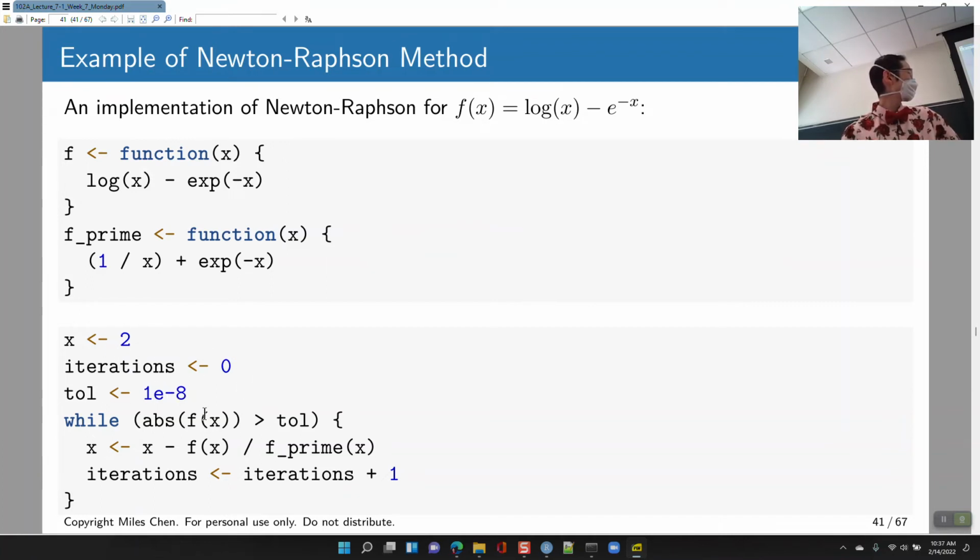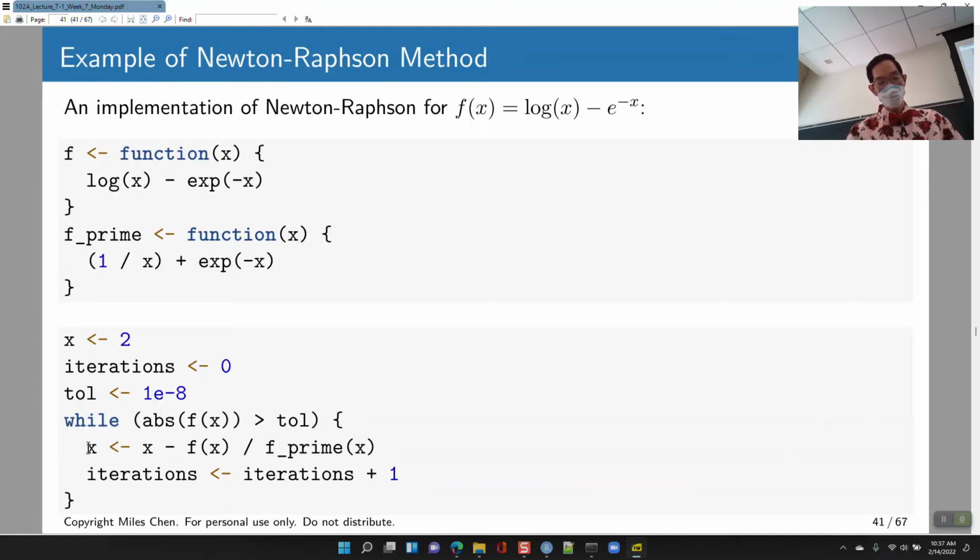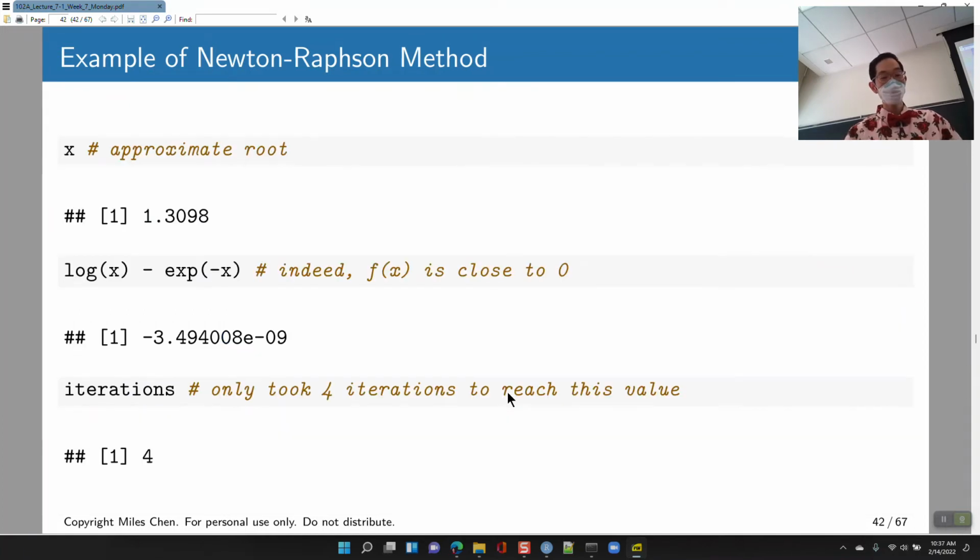My tolerance will be 10 to the negative 8, and we're going to just say while the absolute value of f applied to x is greater than the tolerance, we're going to keep going, and we'll take a current value x, subtract off f of x divided by f prime of x, right, which is what we said here. And we'll update x, we'll increment our iterations, and we'll let it run, okay?